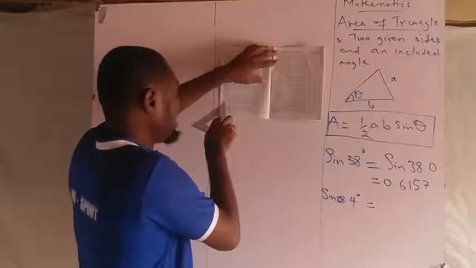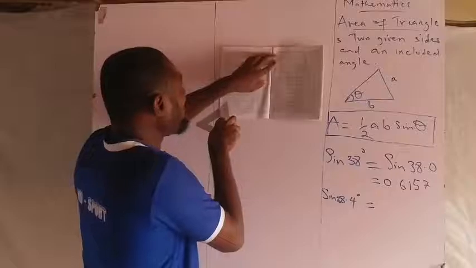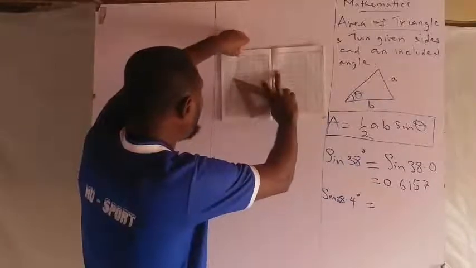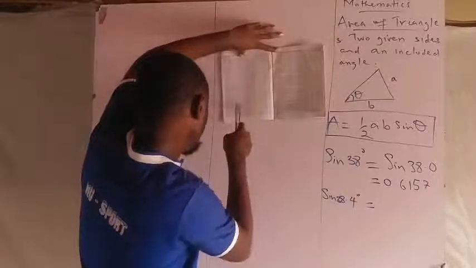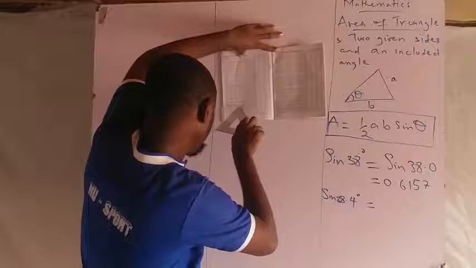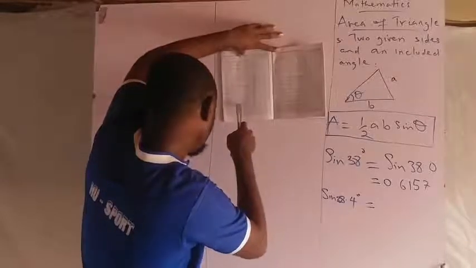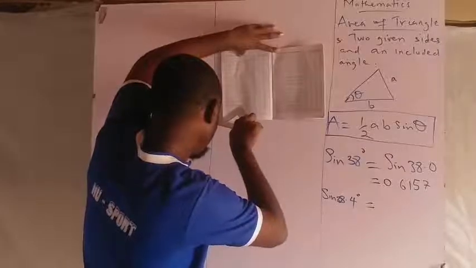Still under 38. But this time around, it will not be under 0. It will be under 4. Look at 4 here. So trace 38, the number that lies at that place, 4 down to 38. This is 38 under 4.